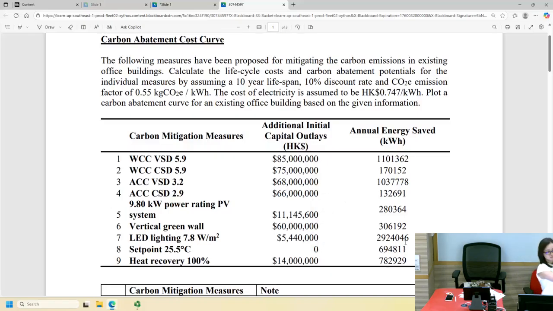That's the theory. So we have the initial cost, and these are already the present value. These are the costs that you have to pay on day 1, now. And in the coming 10 years, you can save this annual energy saving.